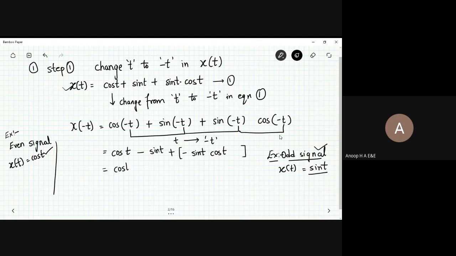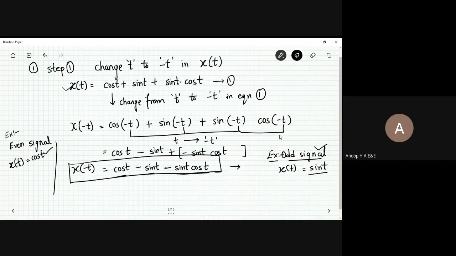So x of minus t is written as cos t minus sin t into cos t. This is how you can represent it.